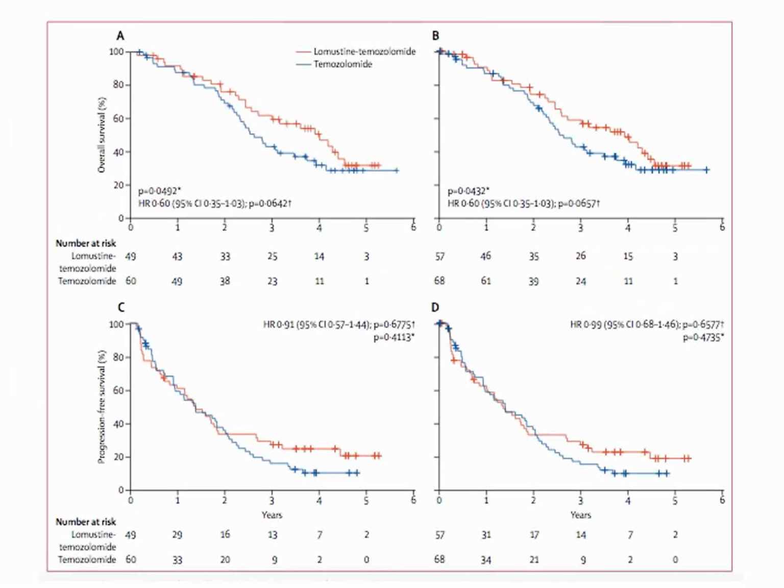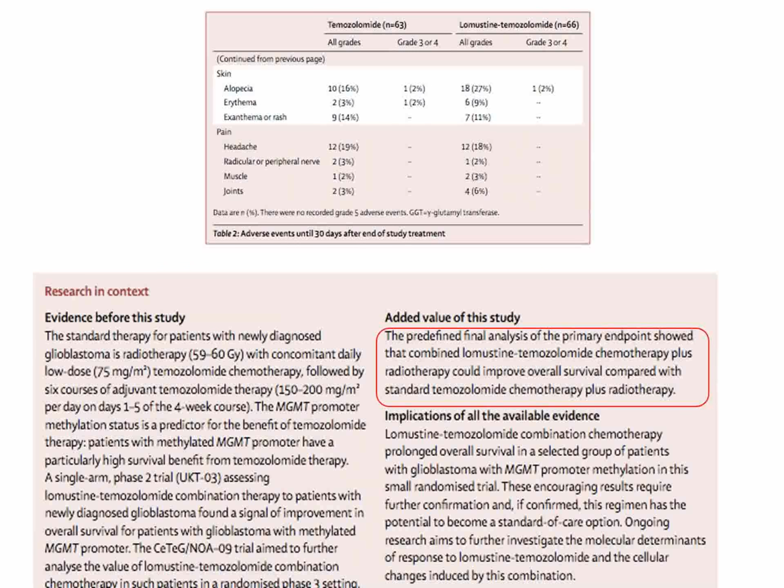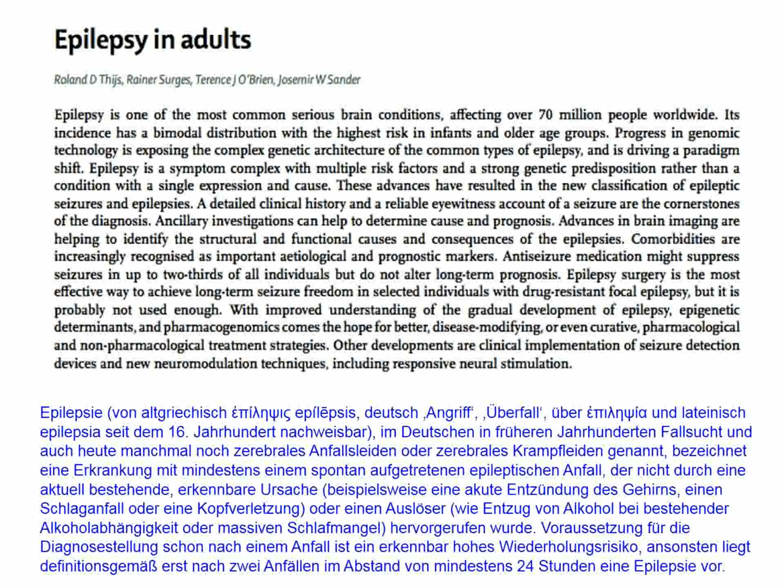And if we look at the dismal results with these two strategies, there's a modest suggestion that the two alkylators might be better than one alkylator, although the effects were so modest that the editors probably required the authors to say this new strategy might be better, could improve overall survival, although that outcome remains uncertain.